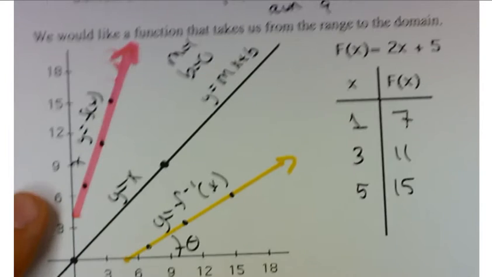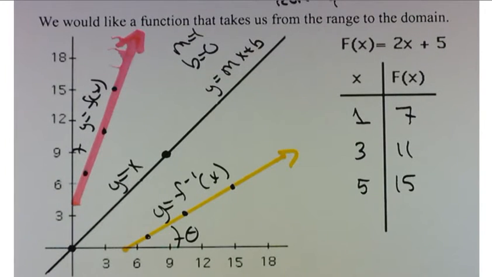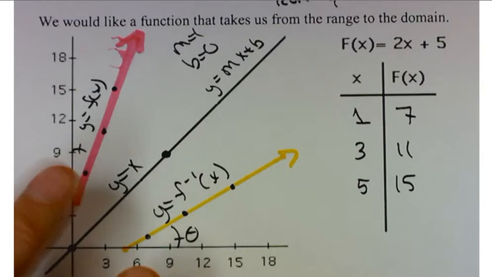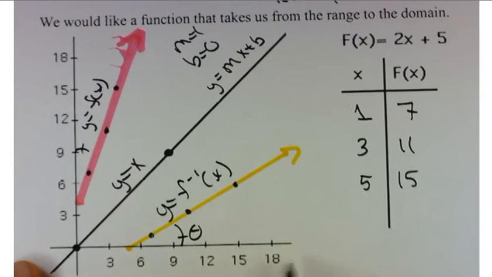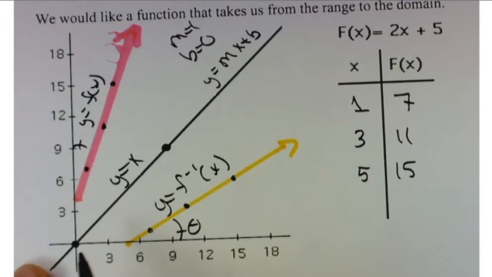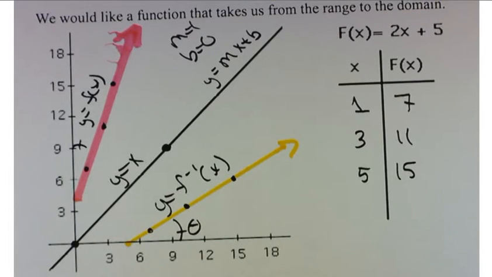I know it doesn't look like that, and another thing about the angles, you have to be careful with this. When I drew this graph, I made sure that the scale was the same on both the x and y axes. Otherwise, it gets skewed a little bit and you can't see that.